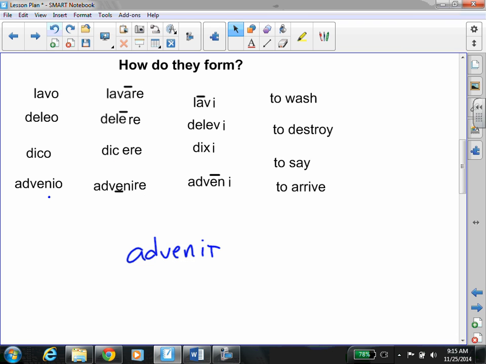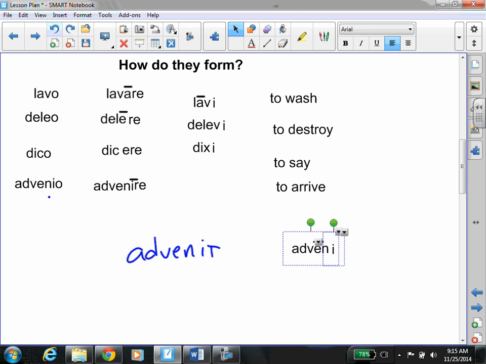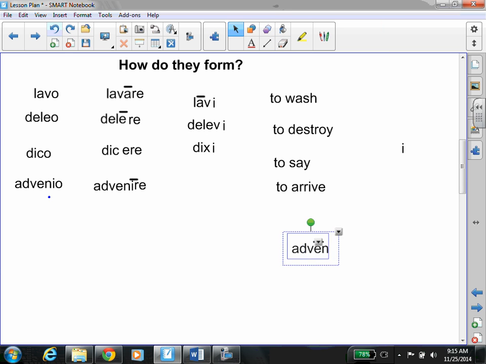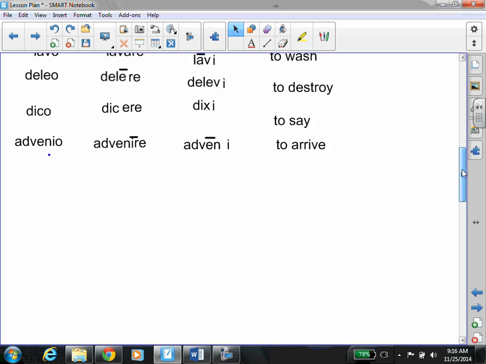But if I have advenī, I bring it down, and I take off the i like I'm supposed to, and I add isti, it, they look the same except for that long mark. So those long marks are important if they are with the perfect stem. You have to remember the long marks over those vowels because they will help you determine the difference between the two. So now we know how to form them, and we know where they come from.